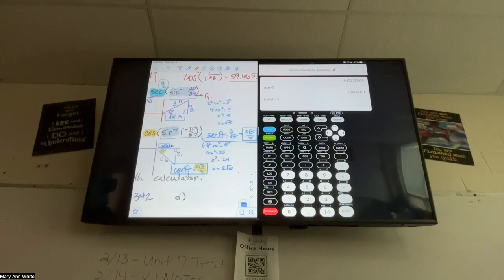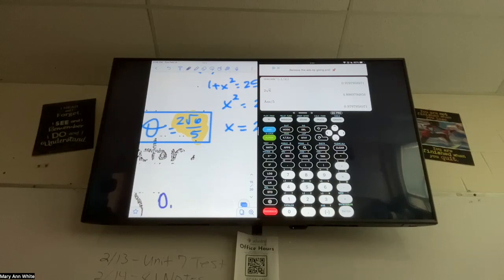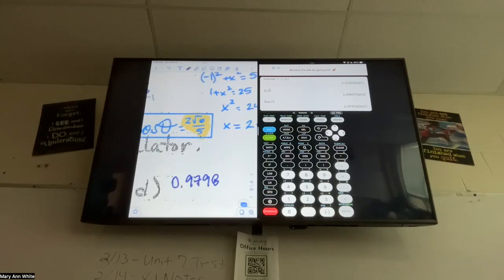Cosine second sine -1 divided by 5. Okay, perfect. I got 0.9798. Okay. And we are doing good.